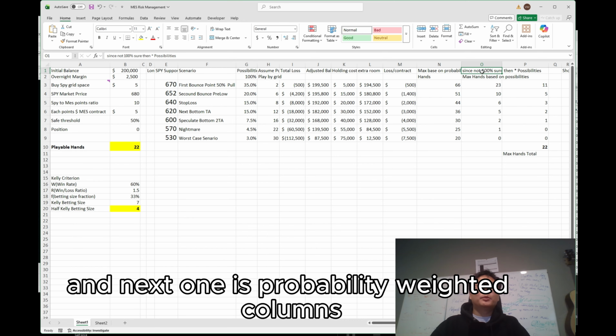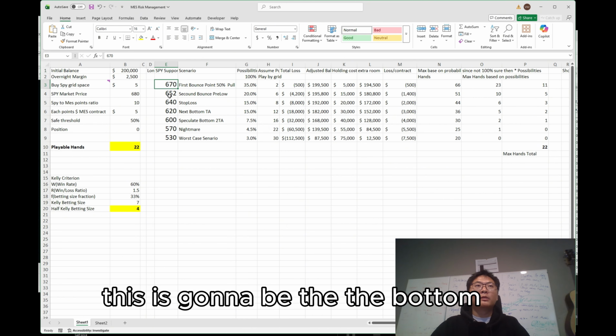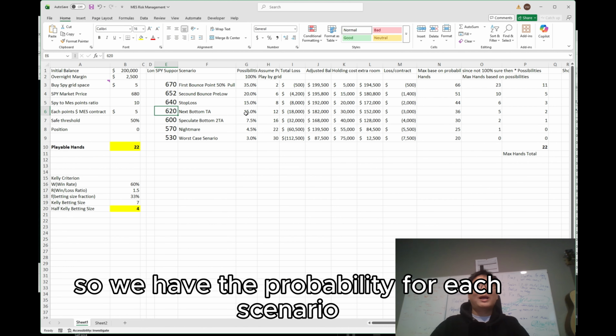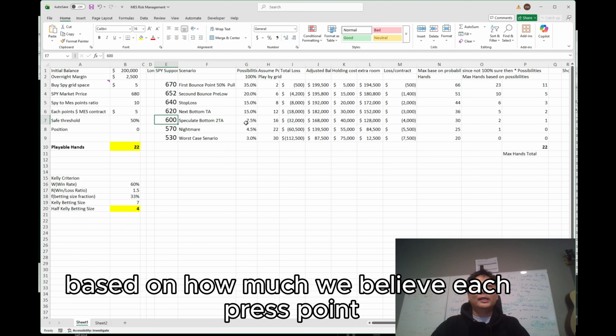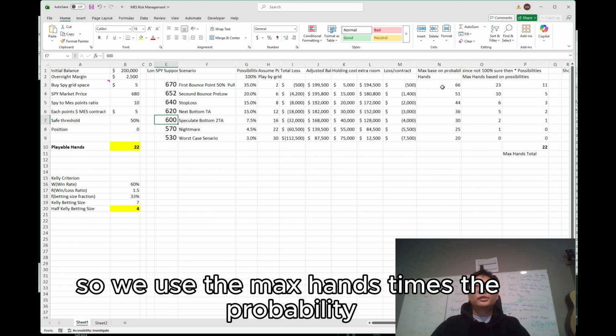And next one is probability weighted columns. So we're not 100% sure this is going to be the bottom, so we have the probability for each scenario based on how much we believe each price point, each support will be the bottom. So we use the max hands times the probability.